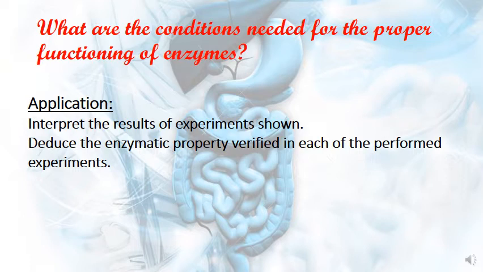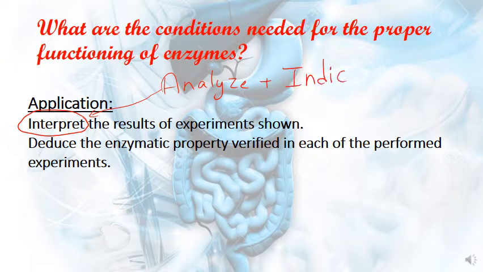So, in this application, we're going to talk about the experiment. We're going to interpret. The meaning of interpret: analyze plus an indication. And also we are going to deduce the enzymatic property in each of the performed experiments.